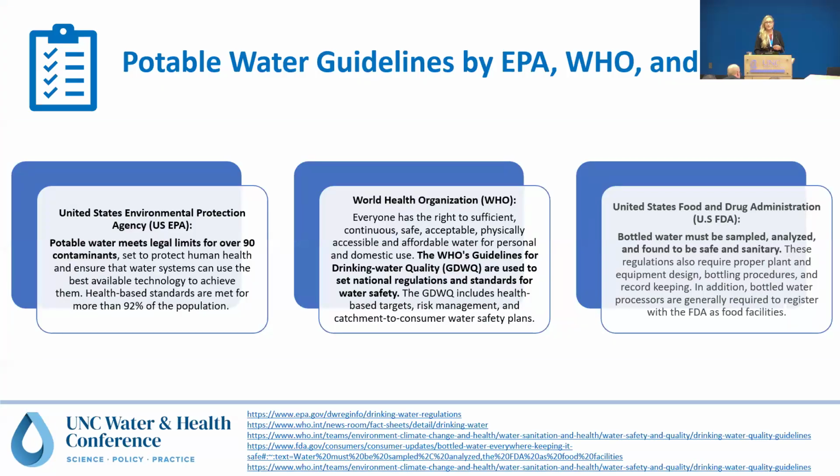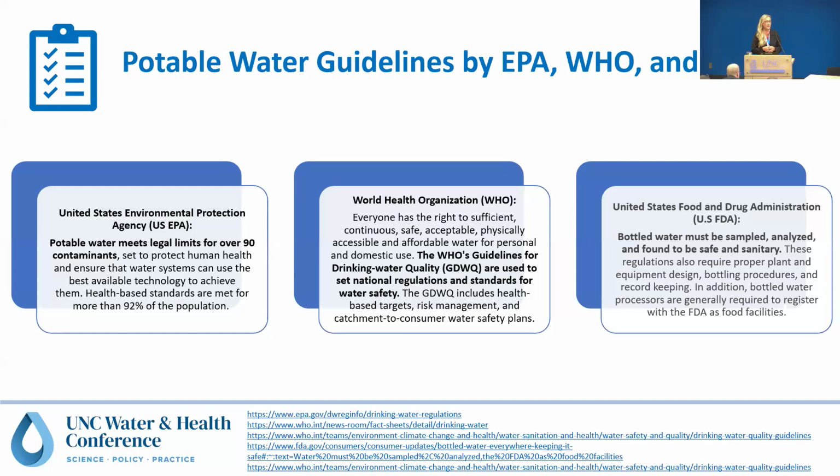Okay, so we just had a wonderful discussion with the administrator of EPA. And so first things first, we do have in higher income countries a variety of guidelines and standards for drinking water. Those do vary across country and agency. These are 3 examples from the US EPA, which regulates over 90 water contaminants.